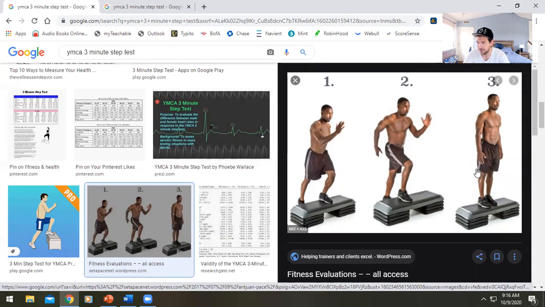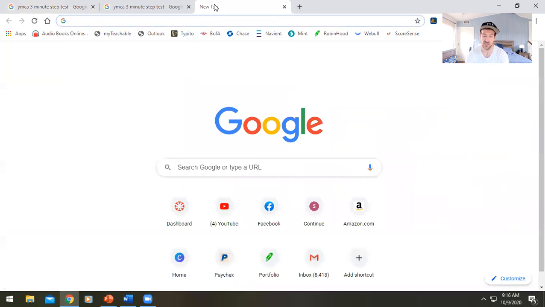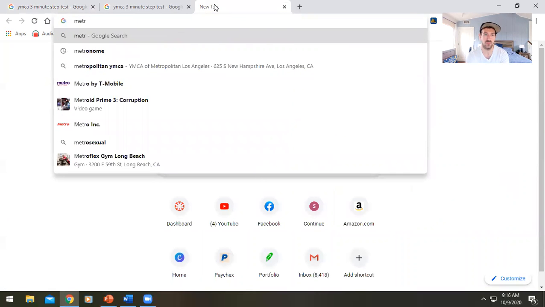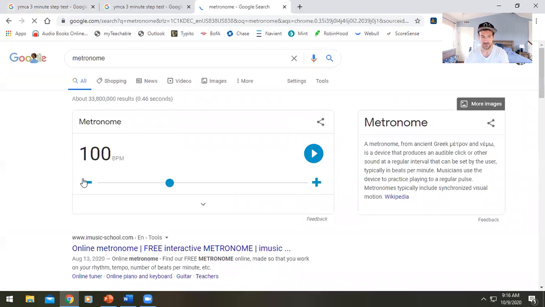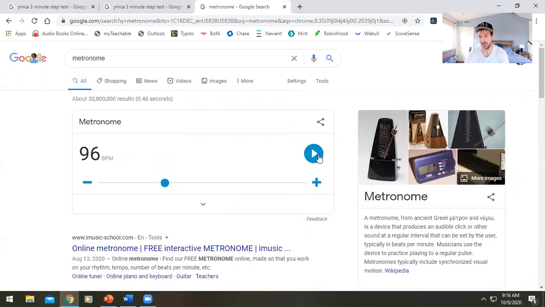He would go left foot, then bring his other foot up, and then step down. So he goes left, right, up, up, down, down. And he's going to go at the same pace as everybody else. That pace is going to be 96 steps per minute. So you set a metronome to 96, and you hit play.